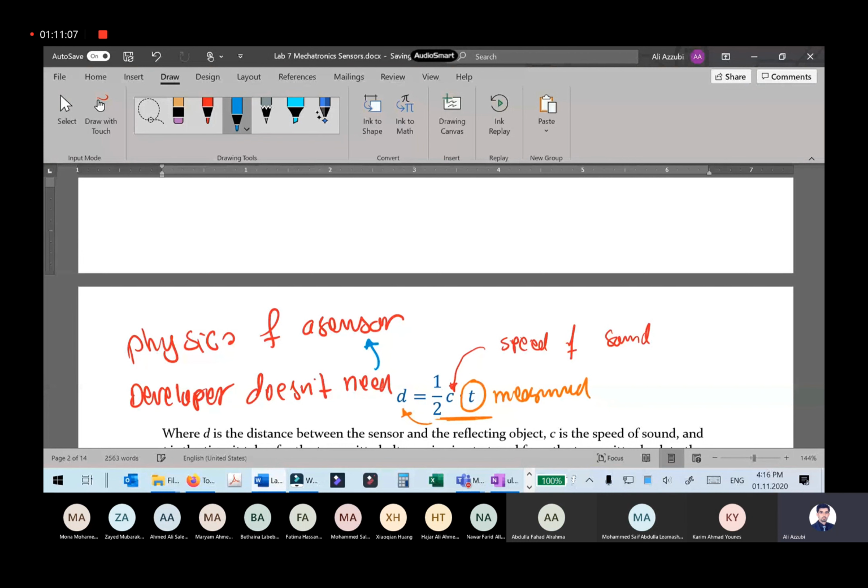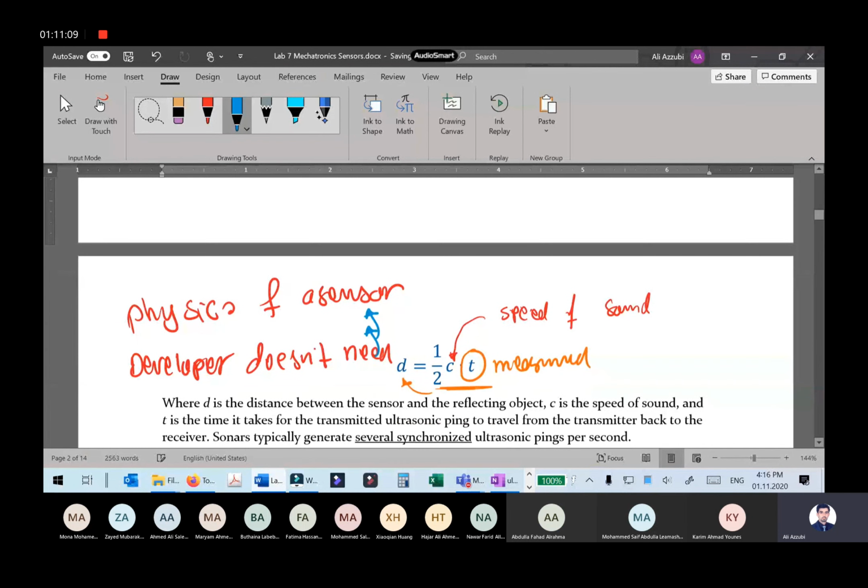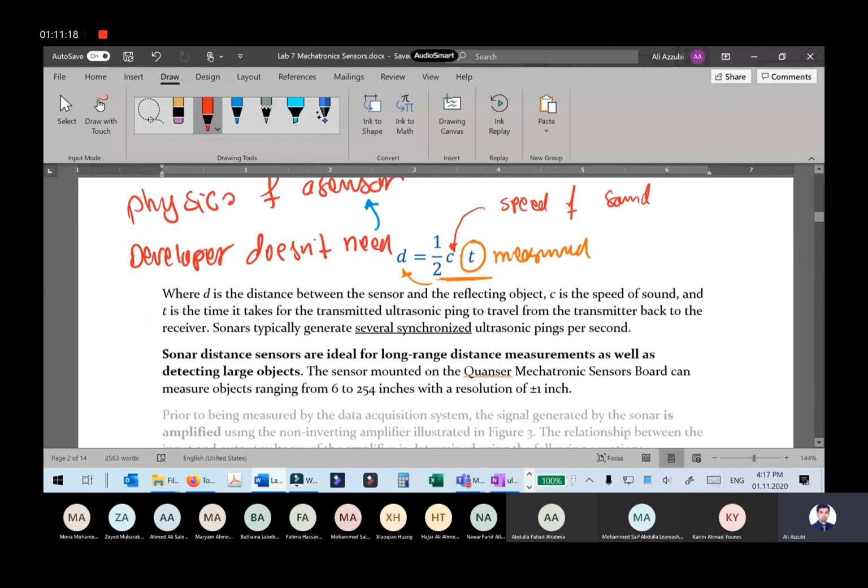What I need is to be able to use this sensor in a system. This is my approach as a mechanical engineer.